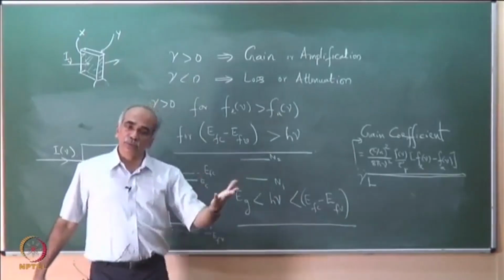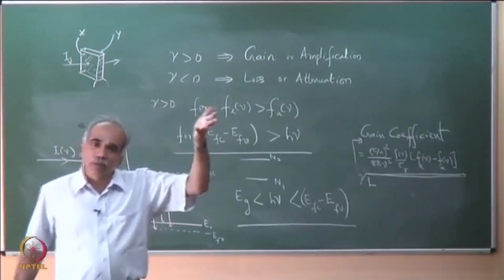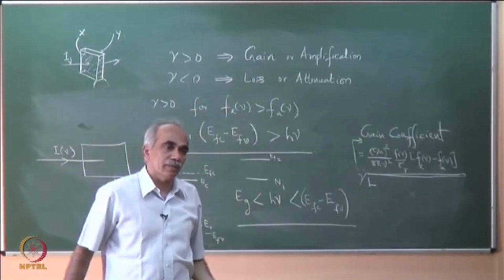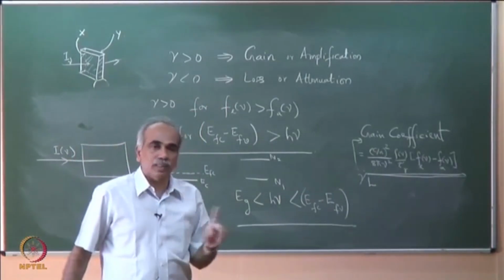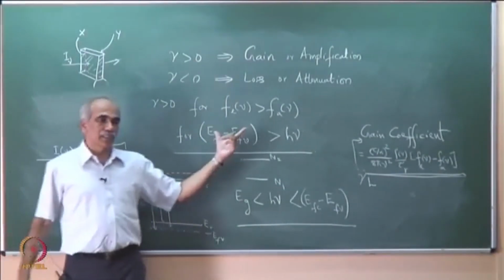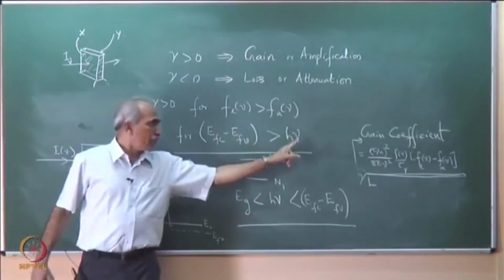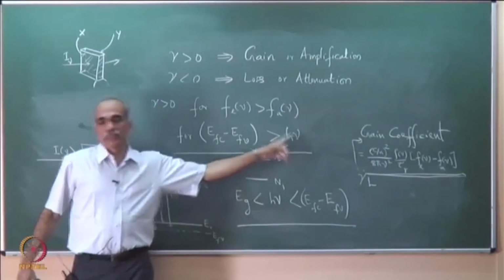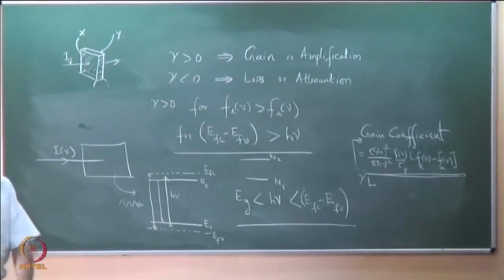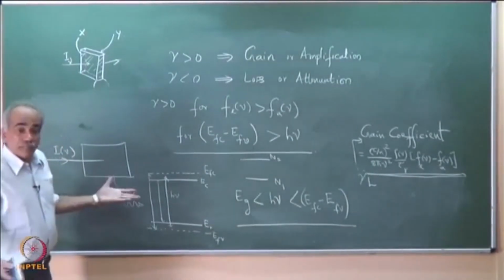It is incorrect to say that number of electrons in the conduction band should be greater than number of electrons in the valence band. That is not the condition. The condition is this. If you can maintain this condition, then all frequencies nu which satisfy this condition will get amplified. What happens to other frequencies?